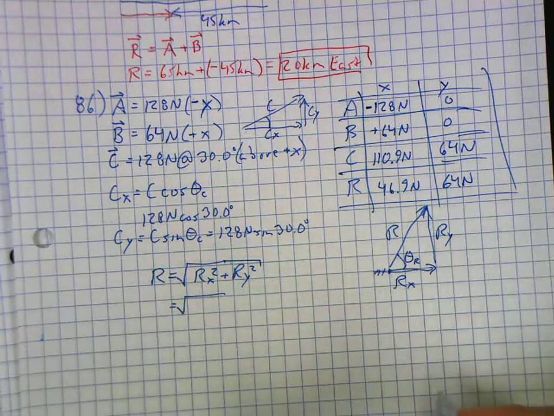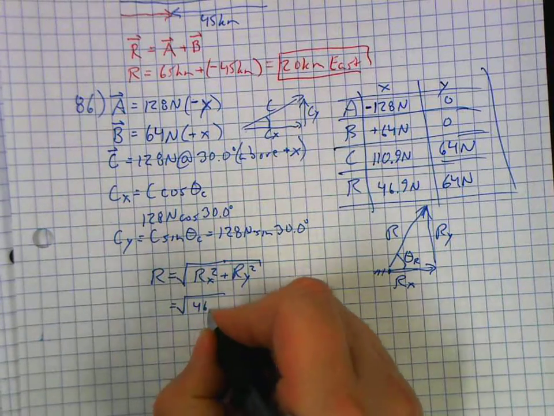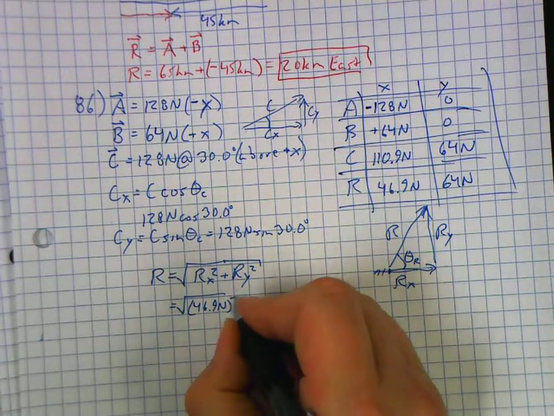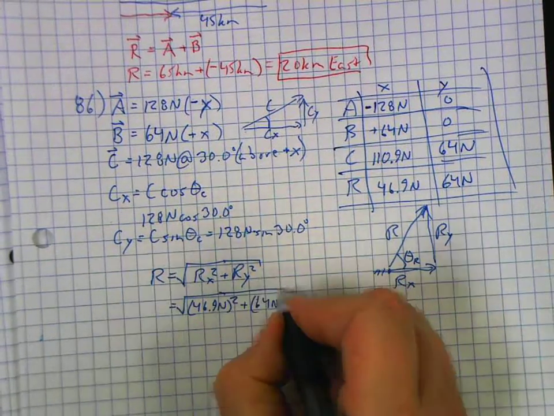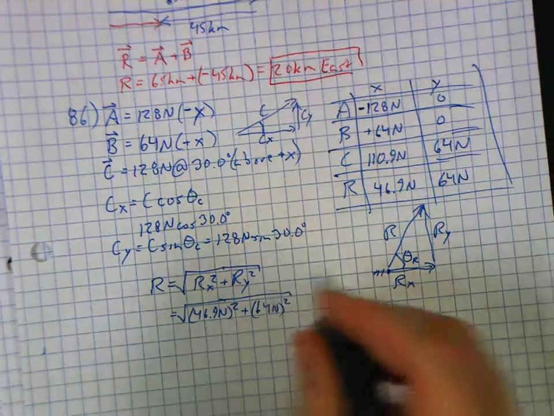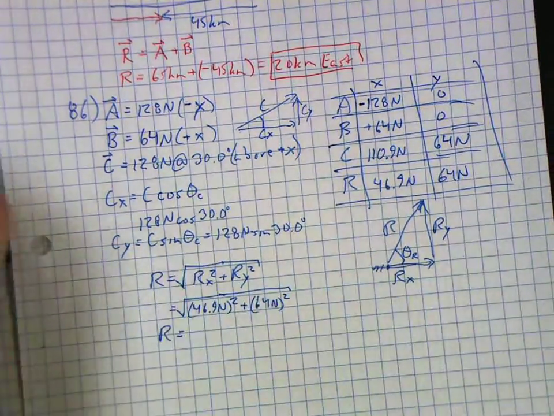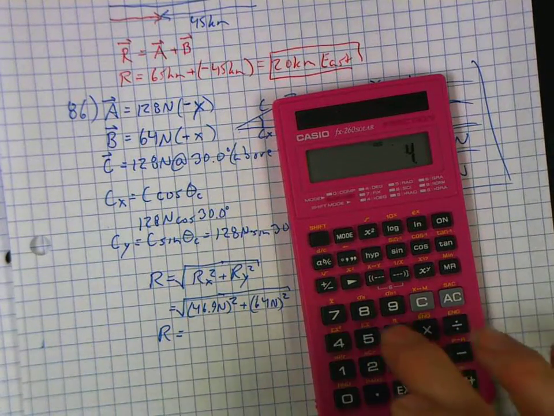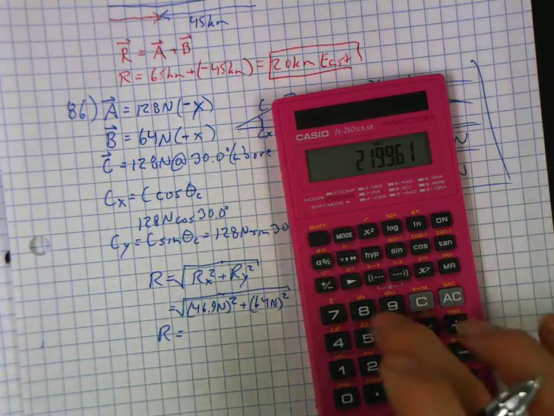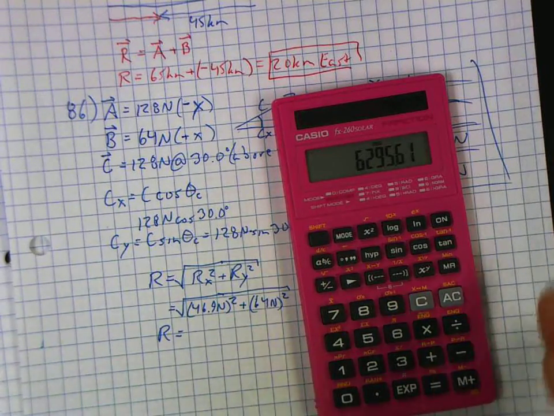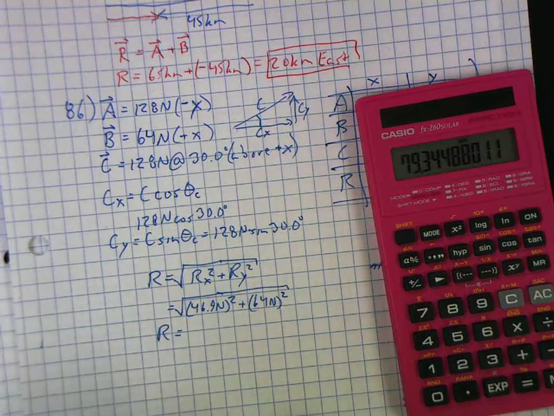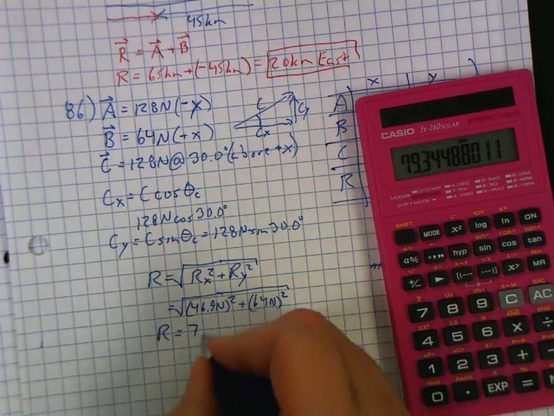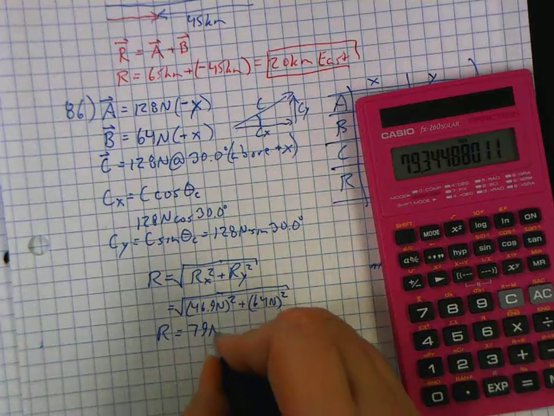So that is the square root of 46.9 newtons getting squared plus 64 newtons also getting squared, and square root the whole thing so that r ends up being equal to 46.9 squared plus 64 squared equals, and then square root, and we get 79 point. Actually, we only had 2 sig figs on this problem, so we got to call that 79 newtons.